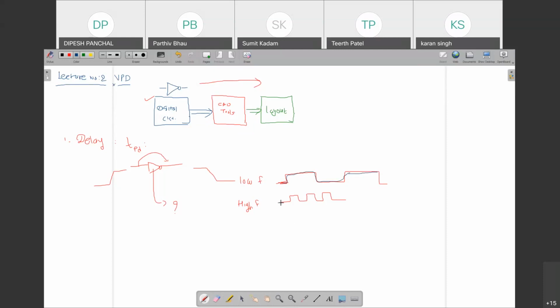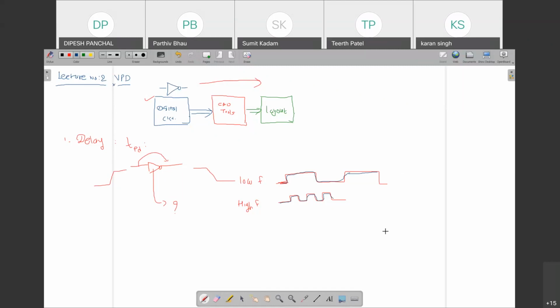The second case is also like this. You tell me in which case it is more noticeable, low frequency or high frequency?